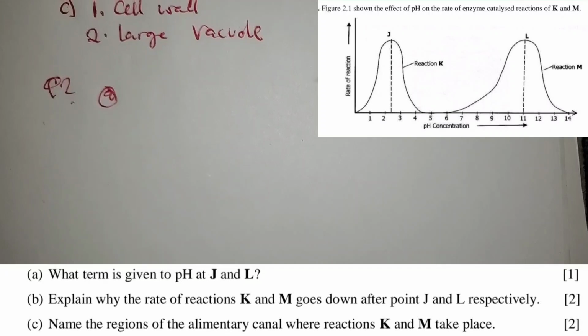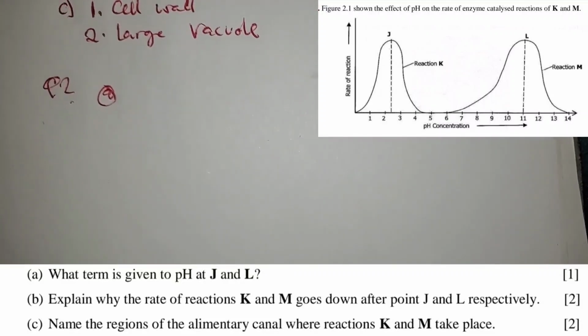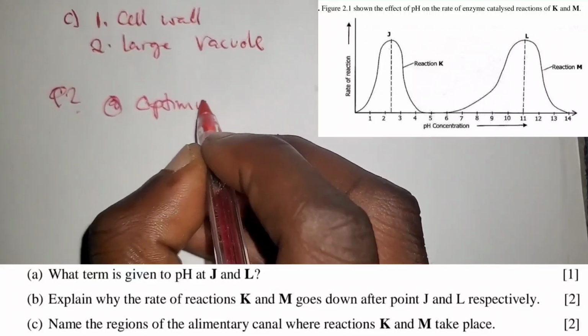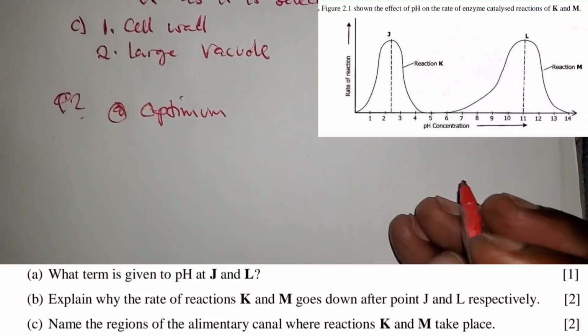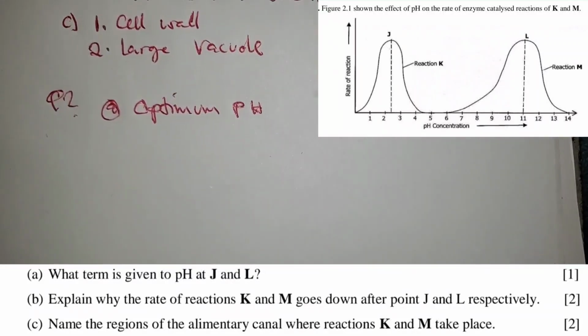So that is a peak, that's where it's working best. So it's called optimum. Since this is pH, we're going to say optimum pH.